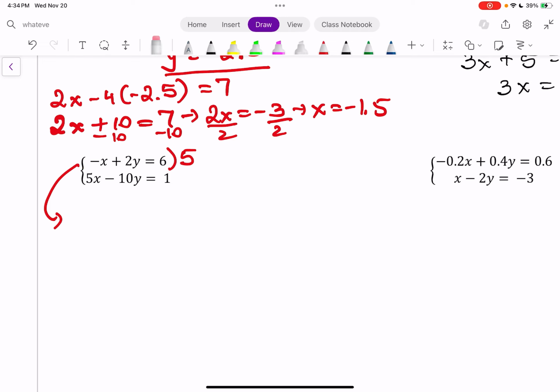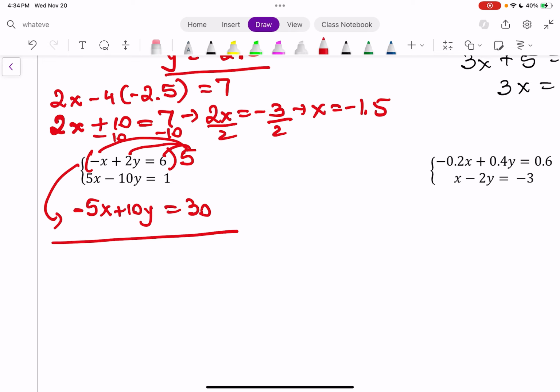Okay, so if I multiply 5 times negative 1x, I get negative 5x plus 10y equals 30. And now I get to immediately add these equations. So basically, I just multiply the bottom equation by a 1, right? When I multiply the bottom equation by 1, it just stays the same.